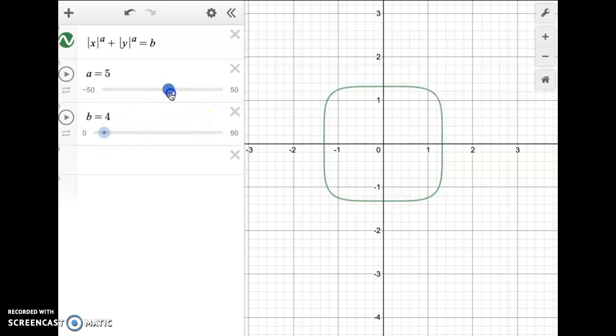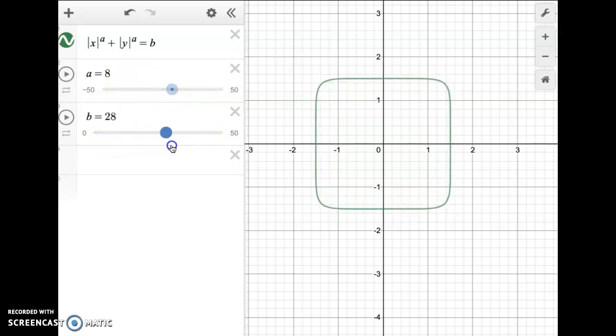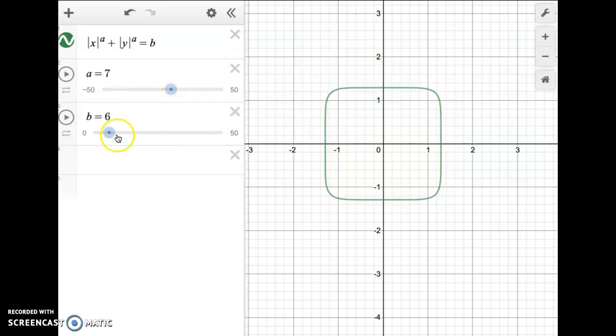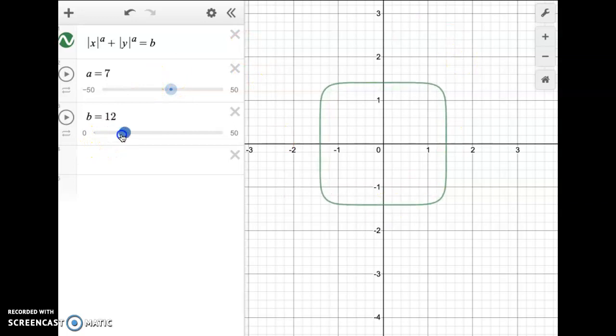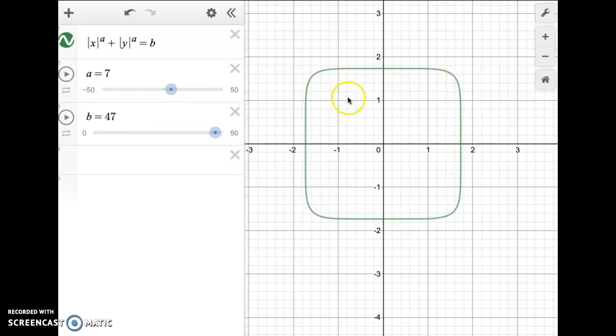So we will test that. But just to show you that this happens for all the evens, we see that it just continues to grow. Maybe just not at as fast a rate, but it does still grow outward. So now let's look at an odd function. So here we have the 7, and again, as b increases, so does the size of the shape.